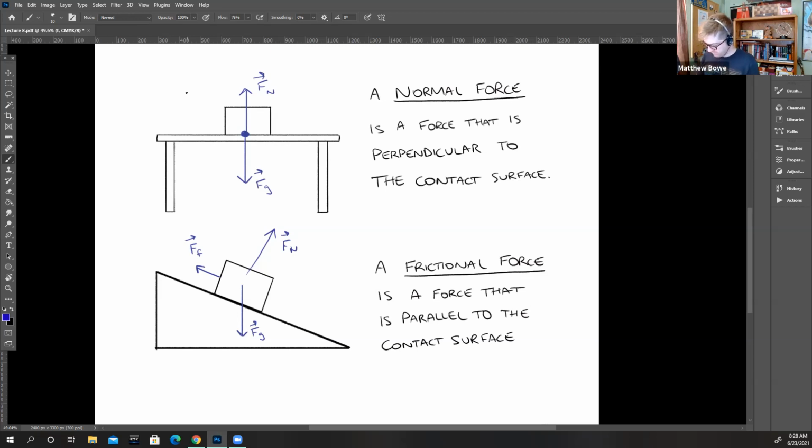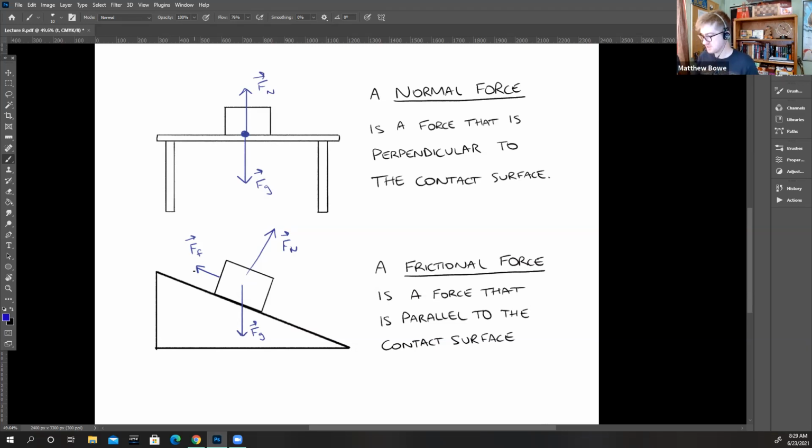However, for this block on an incline, we have this force due to gravity pointing downward, but it's not equally matched by something pointing upwards. This normal force is going at a slight angle. So in a sense, it has some X component and some Y component like this, so it's not completely canceling it out.